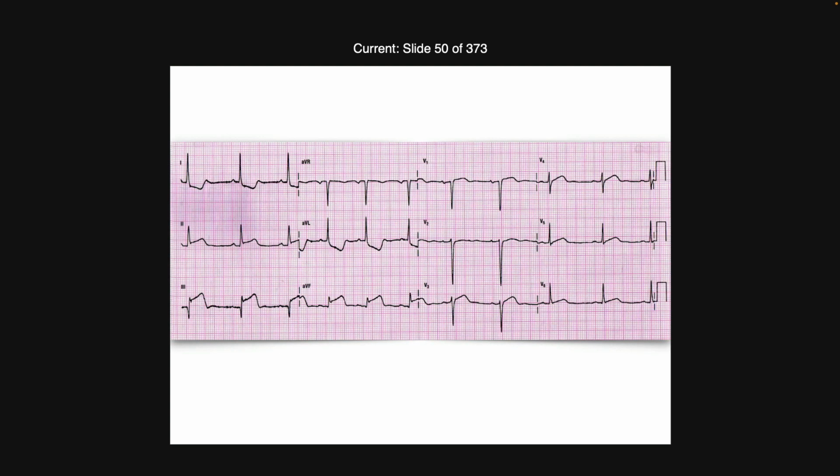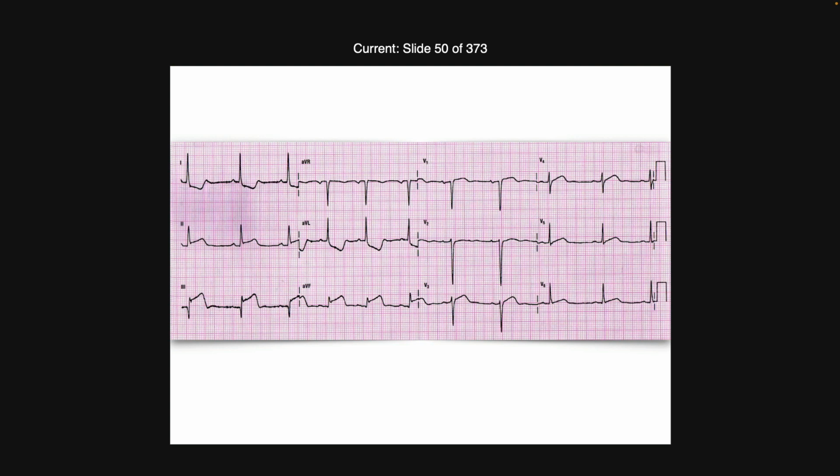Okay. So, Cody, where is the STEMI here? Elevation in 2, 3, and aVF. Okay. Depression in aVL. Good. Pathologic Qs in V1, V2, V3.